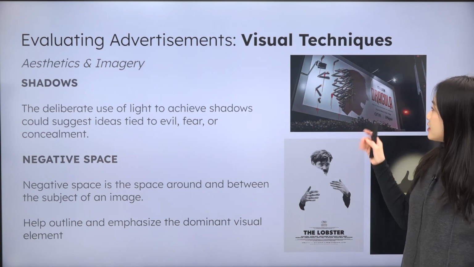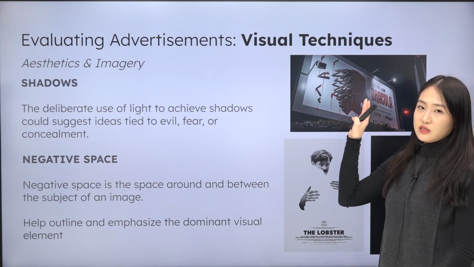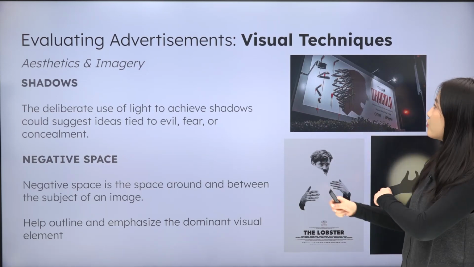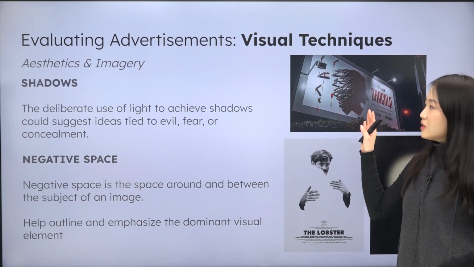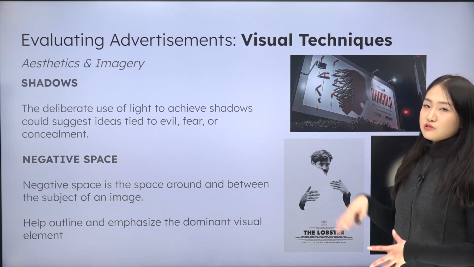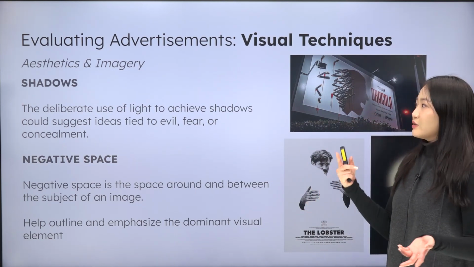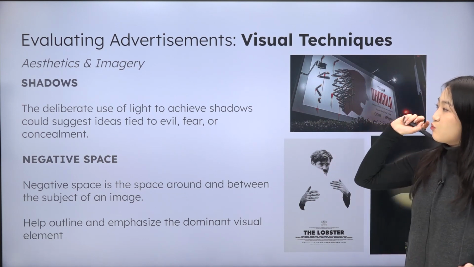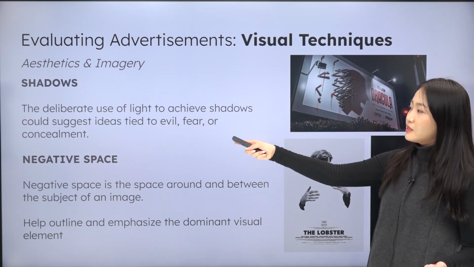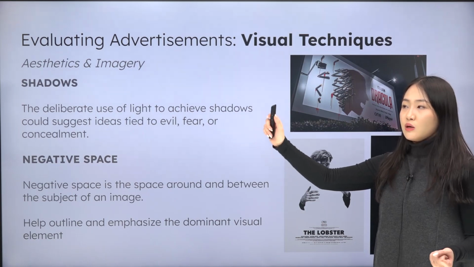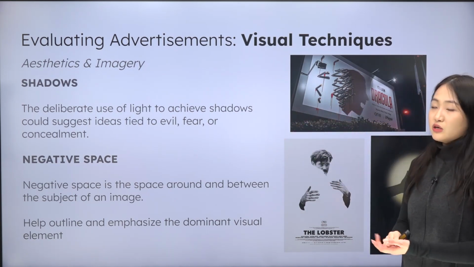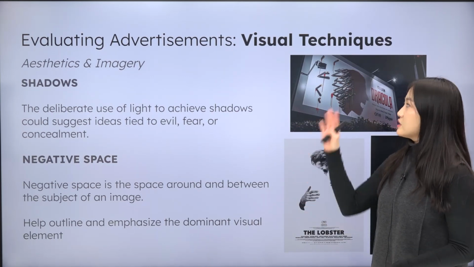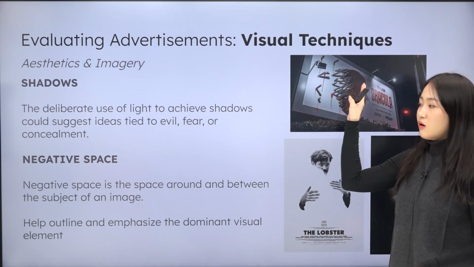And this, I think, is very smart because the image goes hand in hand with the theme of the TV show. Draculas usually come out at night, and it goes hand in hand with color theory as well as shadows, as the color black usually ties to evil, fear, or concealment, which in this case, I feel like it qualifies for all.